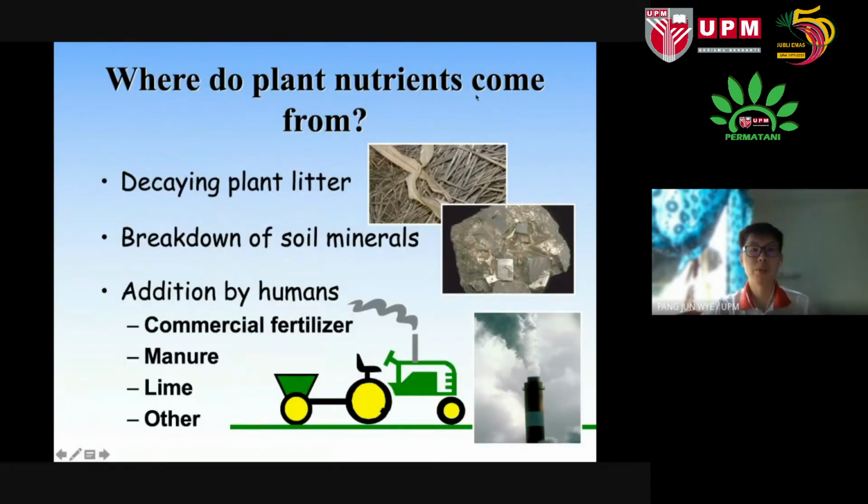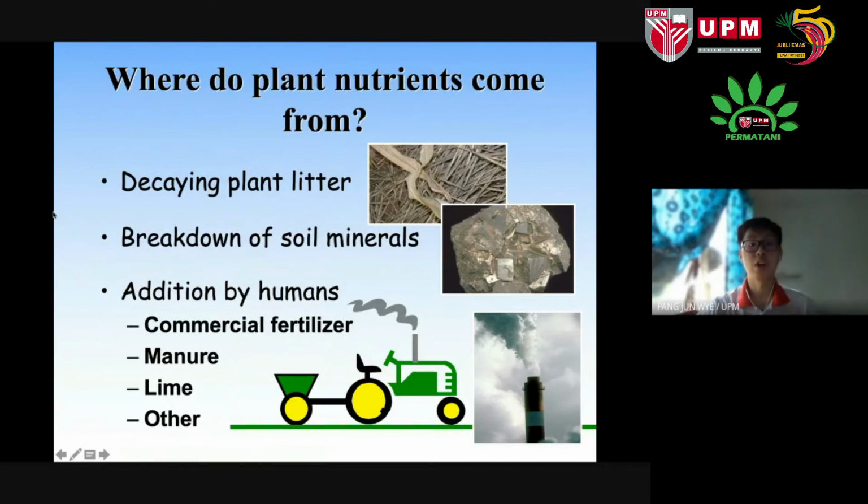So where do plant nutrients come from? Many of us always wonder how the plant obtains nutrients. Let me give you a few examples. The first is decaying plant litter, such as dead plants and other agricultural matter that has decayed.